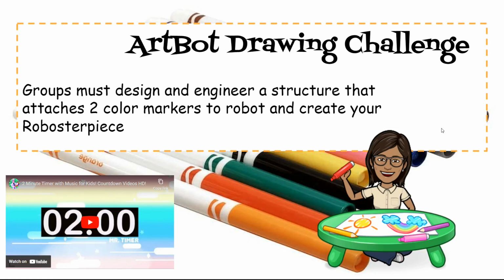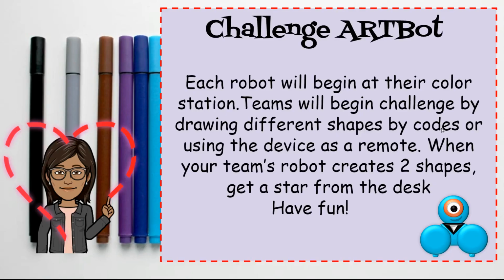Art by Drawing Challenge. Groups must design and engineer a structure that attaches two color markers to the robot. We call this our Robotster piece. Another challenge we have uses the Dash robots, the Wonder robots. Each robot will begin at their color station. I have the sketch color attachments for these robots, and these robots are coded to create specific shapes.